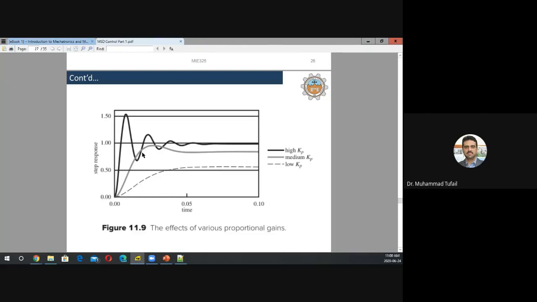So how to kill these oscillations? Anyone? Hello? ये इतने लोगों की क्लास में इतनी खामोशी कैसे हो सकती है? Can anyone hear me?